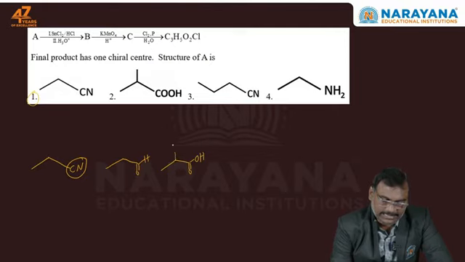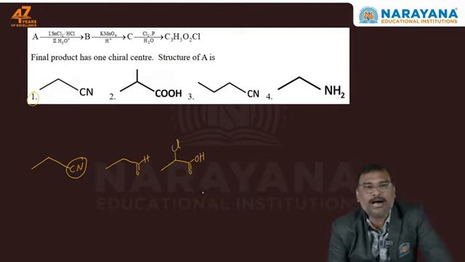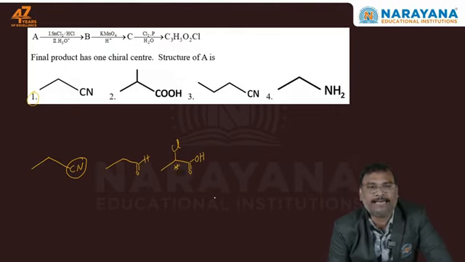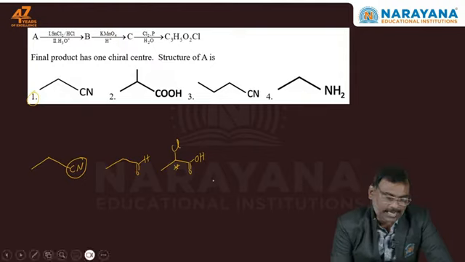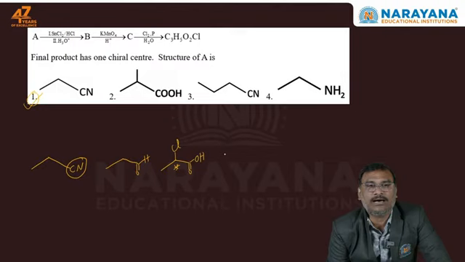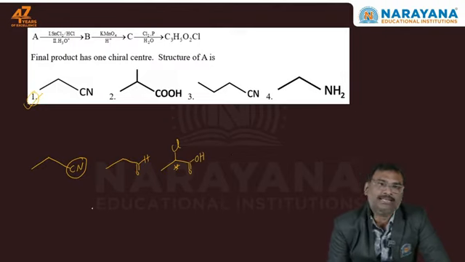That is the HVZ reaction, which does alpha halogenation, making the compound have one new chiral center. So for the given question, the correct option is A. No other option matches the given scheme of analysis. Now go for the next question.